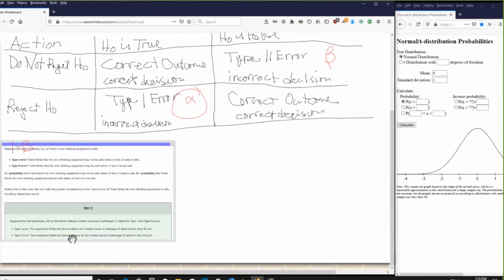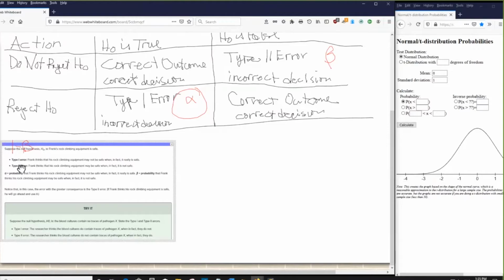The first one: suppose that the null hypothesis is that Frank's rock climbing equipment is safe. Then the alternative hypothesis would be that Frank's equipment isn't safe.